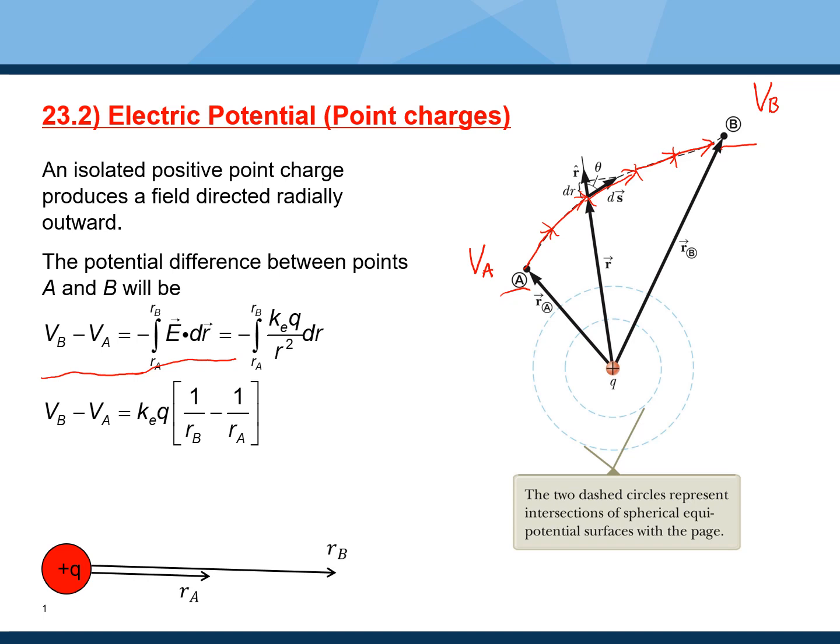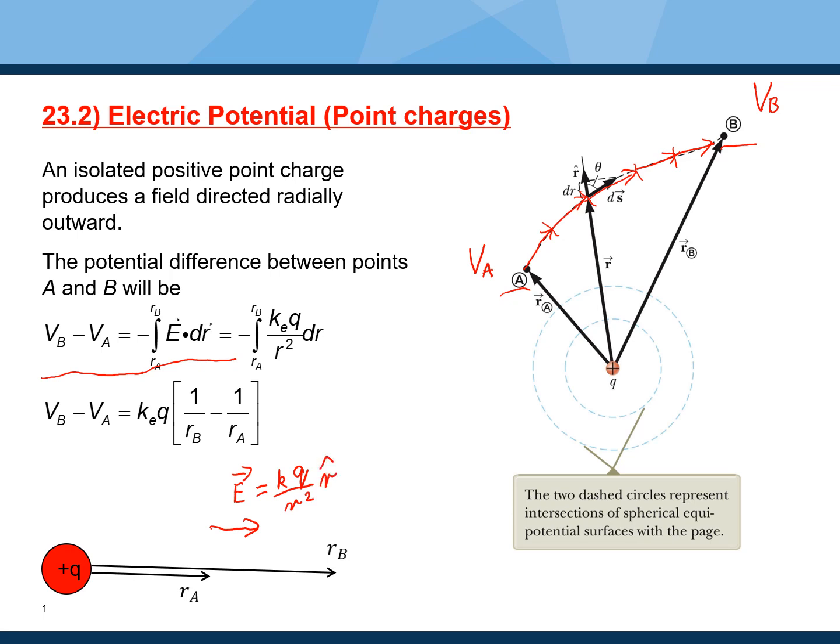For the bottom figure, the situation is much simpler. So we see that the electric field itself is radially oriented for this positive charge, and so we can write the electric field E vector at any location as being equal to K times Q divided by the radial distance r squared times r hat.